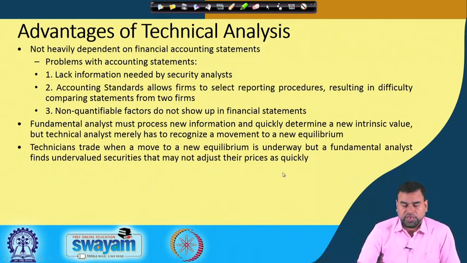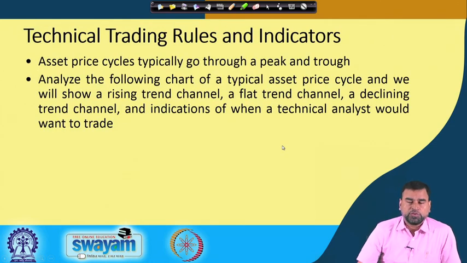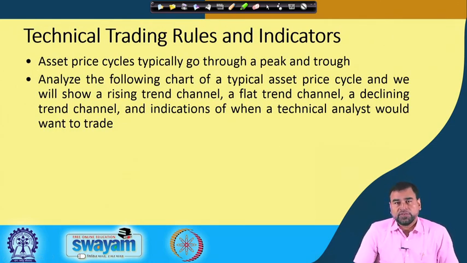And then you see that there are so many indicators, so many processes, so many kinds of analysis available for technical analysis. Remember, we are not going to discuss all types of indicators and all the rules which apply to technical analysis. I will just give a brief idea and some of the major indicators which are used, and after this you can get the idea of what technical analysis is and how investors go for it.